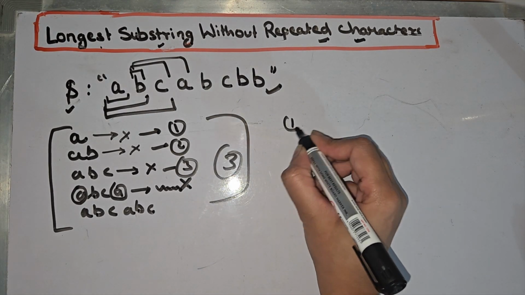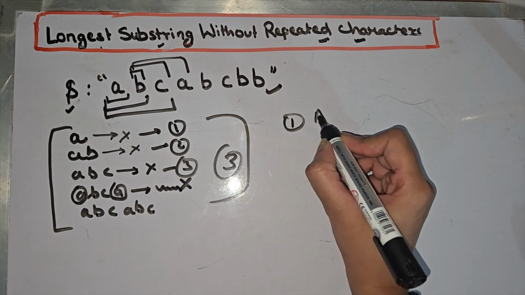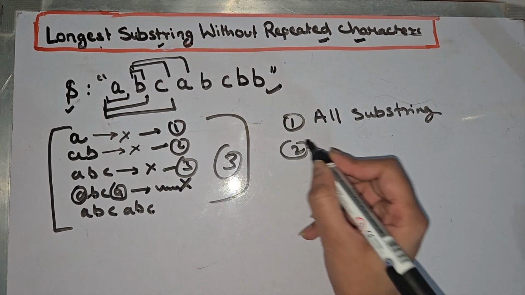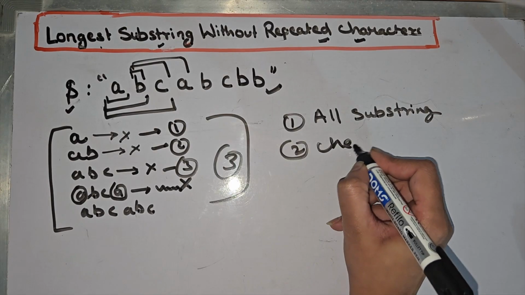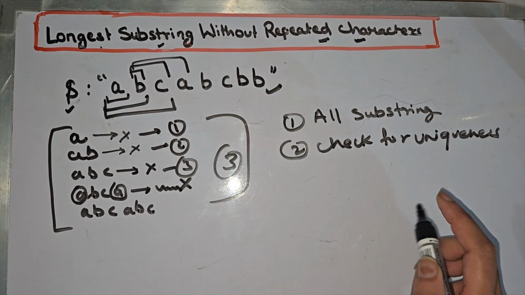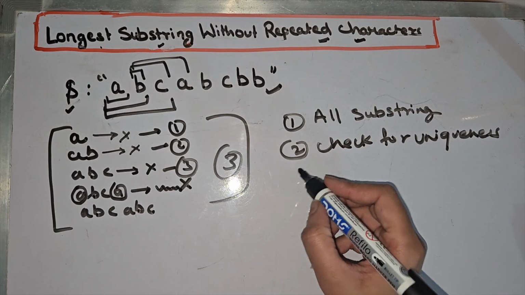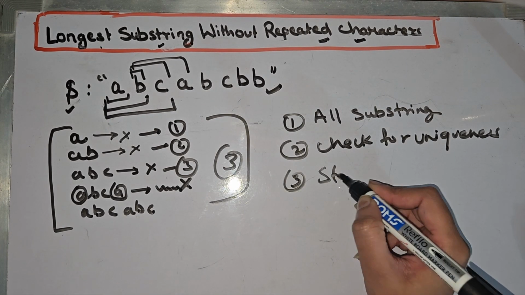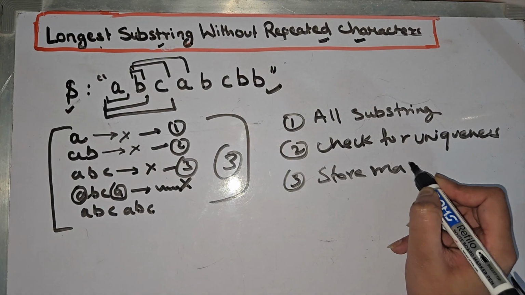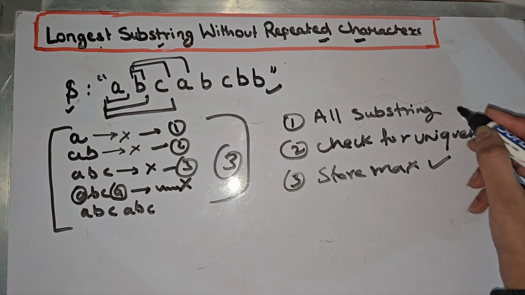So what we have to do in the naive solution is find all substrings, then check for uniqueness. We need to check that the characters in the substring that we are choosing are unique, and then store the maximum. So these are the things we will be doing in the naive solution.